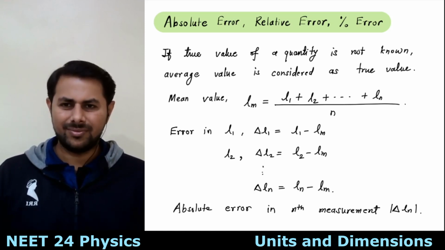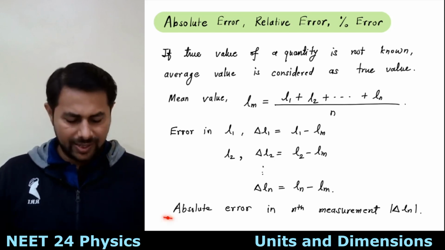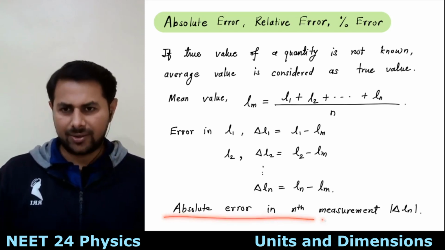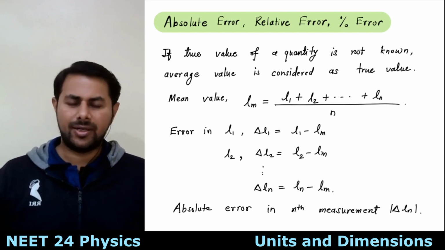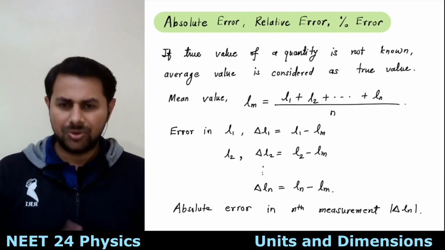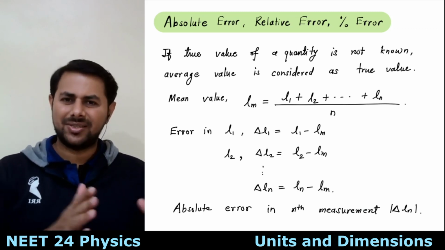But does that mean that on average you are making 0 error? No, right? So what we do is we take the absolute value of the error. Sometimes the error will be positive, sometimes negative, and we are not biased. Positive error is also error, negative error is also error.